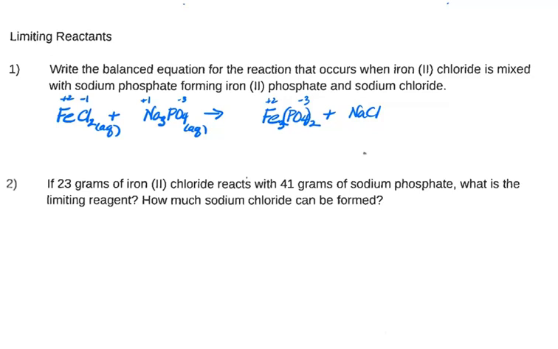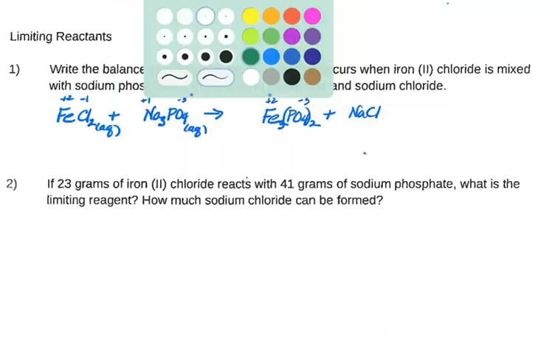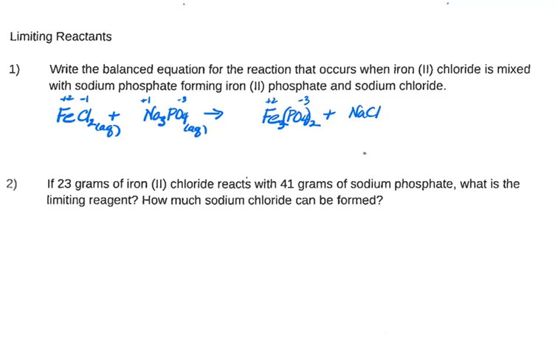Okay, now we need to balance our entire reaction. So I'm going to start with my phosphate. I like starting with my polyatomics. And I have 2 of them on the right, so I need 2 here. That gives me 6 sodiums.